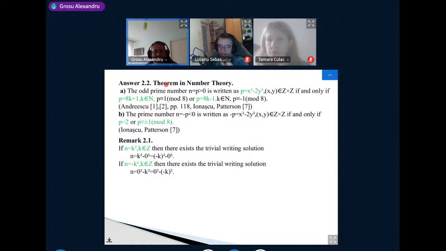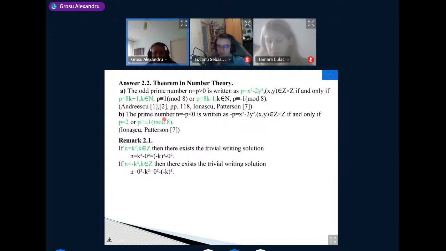For the second question, we use a theorem in number theory: the odd prime number n equals p greater than 0 can be written as x squared minus 2y squared if and only if p equals 8k plus 1, where k is a positive integer, p congruent to 1 modulo 8, or p is 8k minus 1, p congruent to minus 1 modulo 8.